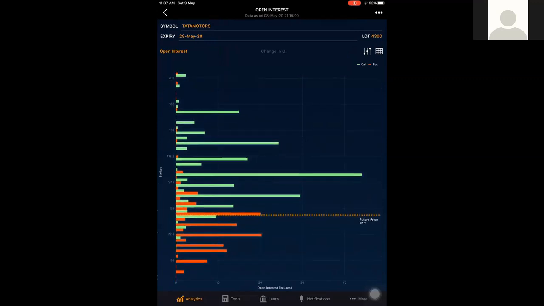So now I have picked up one thing with the top down approach: I picked up the sector, I have scanned the stocks. Now I need to get the confirmation from the option market. As I told you earlier also, we are not in an isolated market. If you are a future trader, looking at the option data is very, very important.